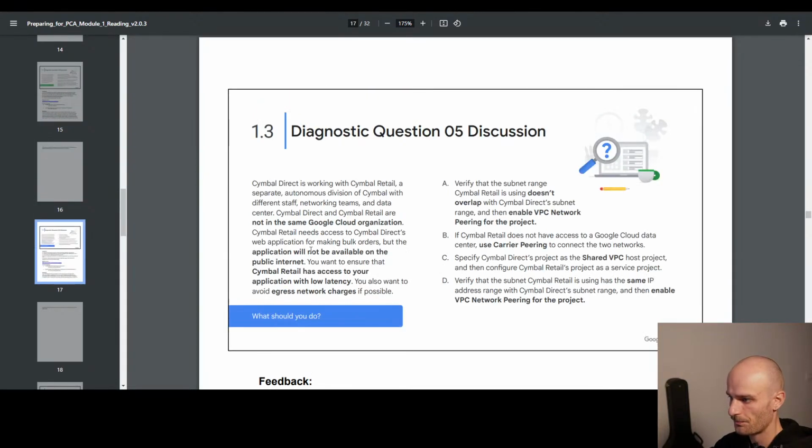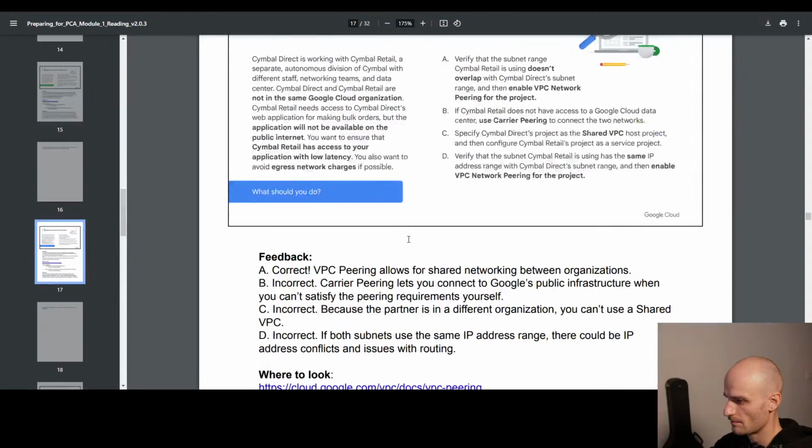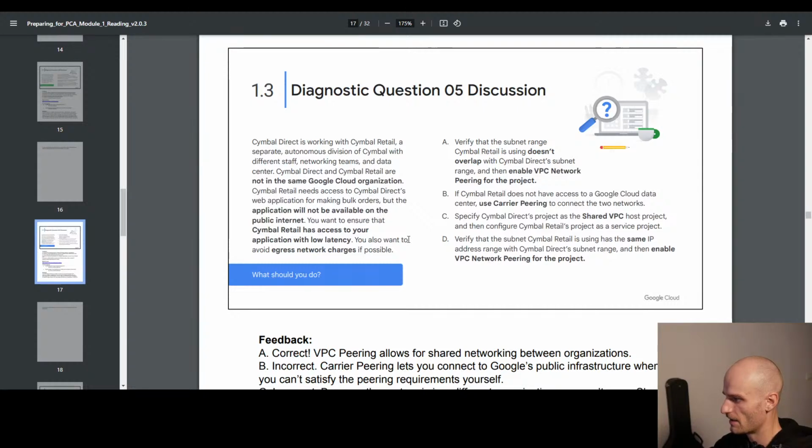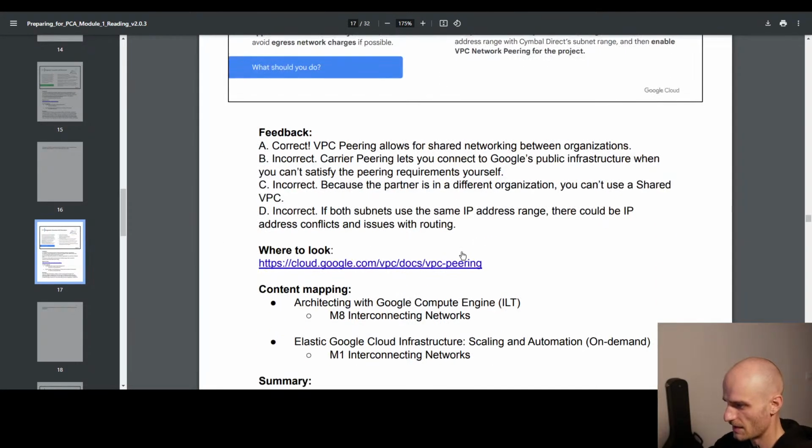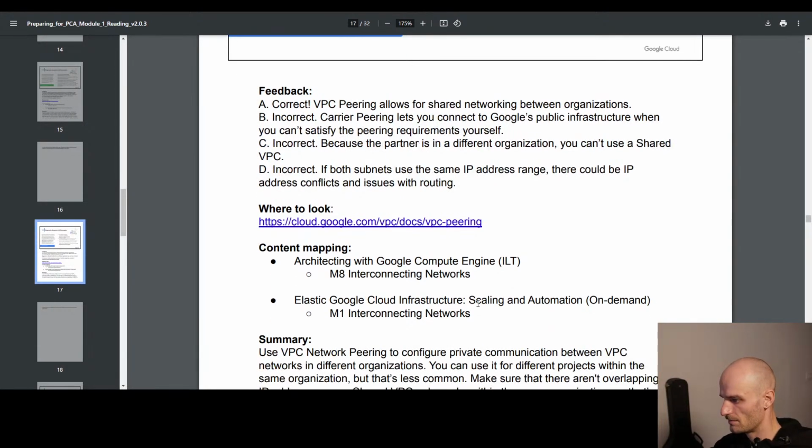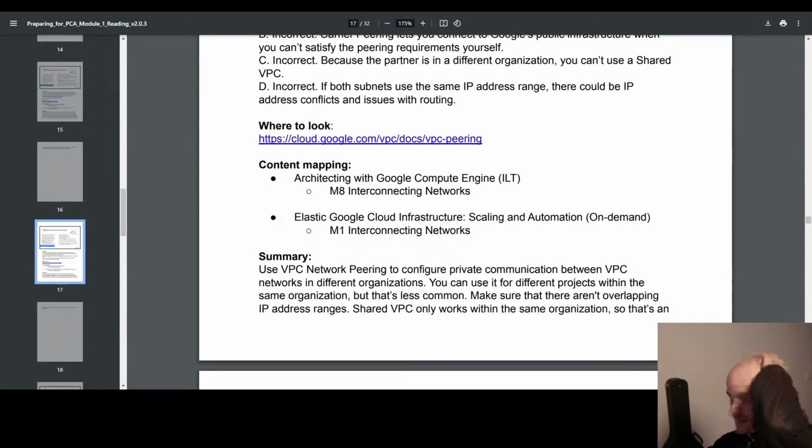Okay. And here we have again something about VPC and networking, which I'm completely ignoring. I already took note of this content. These are parts of the documentation, which for sure is interesting, but yeah.